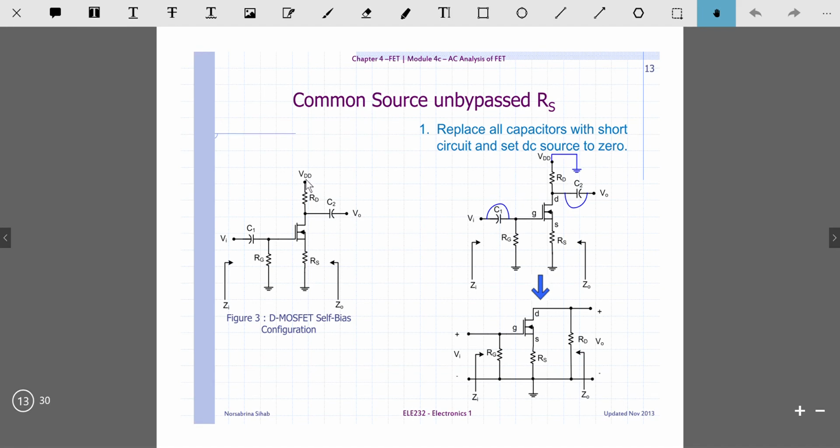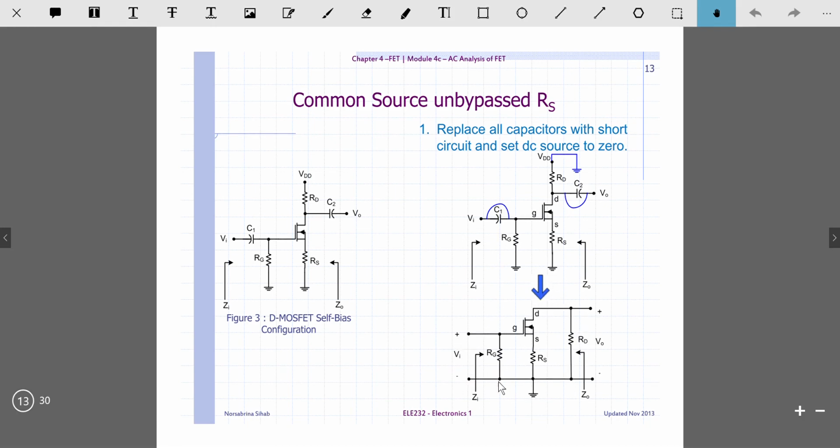So here VDD will be equal to 0, so it will be grounded, and capacitors C1 and C2 will be short circuits as in this figure. So you need to redraw this circuit. After you have redrawn the circuit, you will get this kind of circuit.